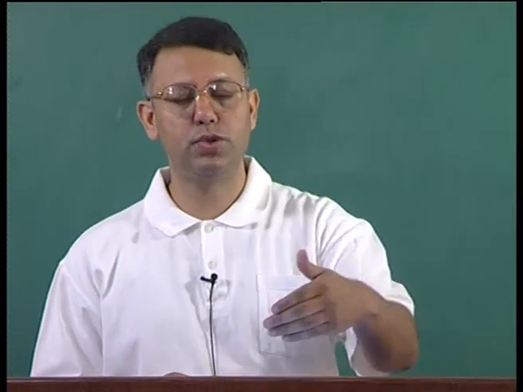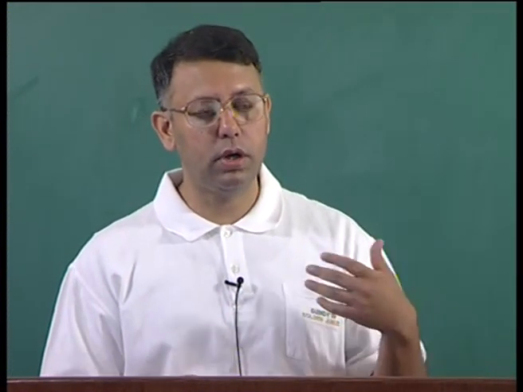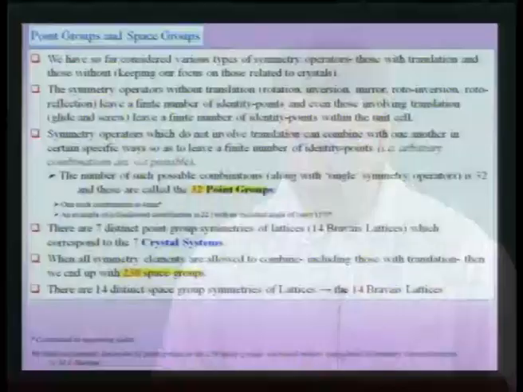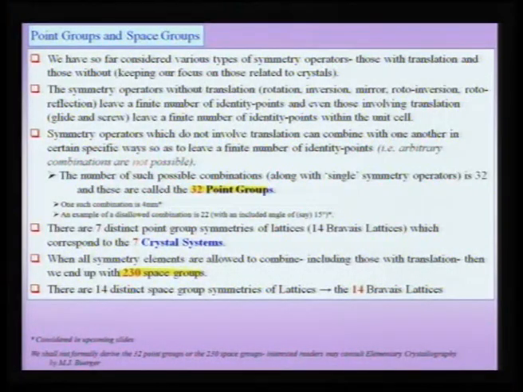In the point groups, you stay around a point, you do not move the point from one place to another. But suppose I am talking about those symmetry operators which involve translation, like the glide or the screw, that means I am going to move the point, and if you include those symmetry operators, 230 such combinations are allowed, which are known as the 230 space groups.